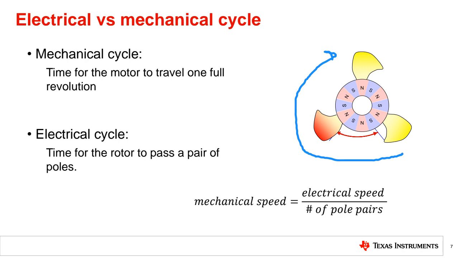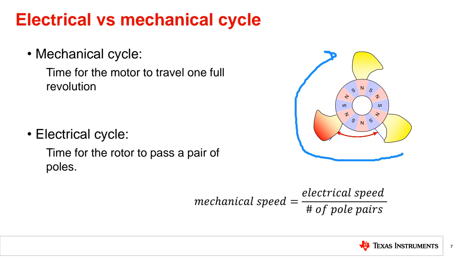Generally, in the market, in the company, people refer to the speed of a motor. Lots of time you heard my motor is rotating at 3000 rpm. This means the mechanical cycle.